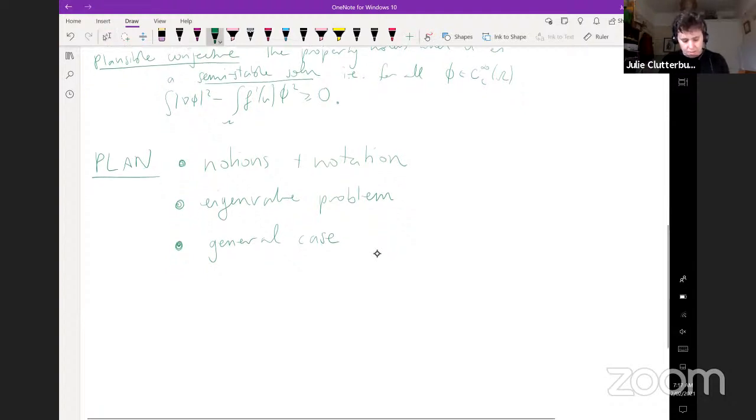And then I'm going to take a step sideways and look at this in a geometric setting on a manifold, and talk about some recent work that we've been doing in negatively curved spaces. So that's where I'm going with this.